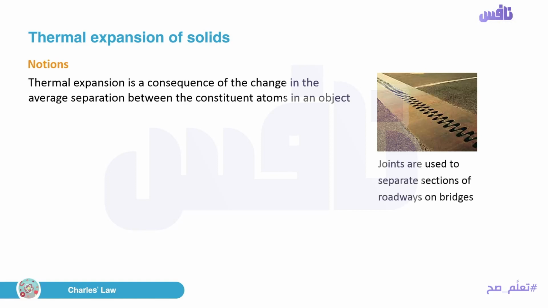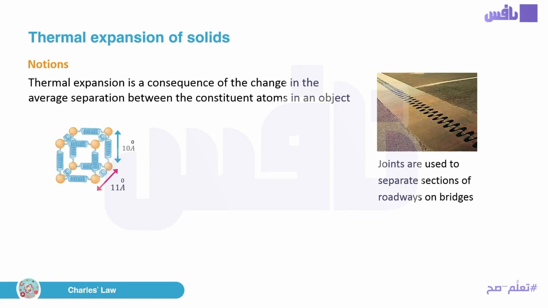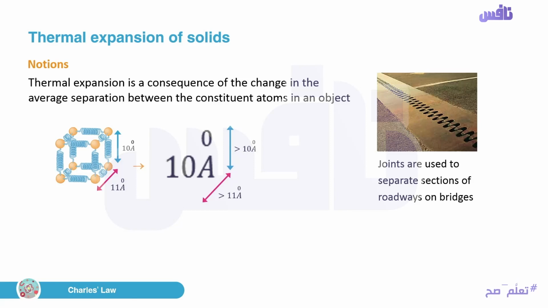And also, joints are used to separate sections on bridges. Also, as we see the molecules, the distance or separation between each atom or molecule equals 10 angstrom or 11.1. So we can say that the difference between the side of 10 angstrom and the side of 11 angstrom means the expansion.